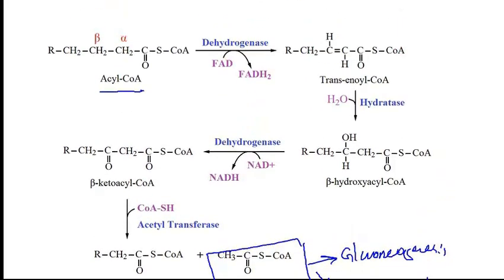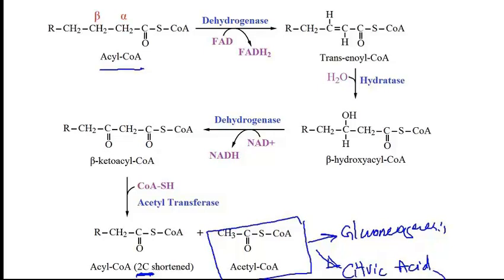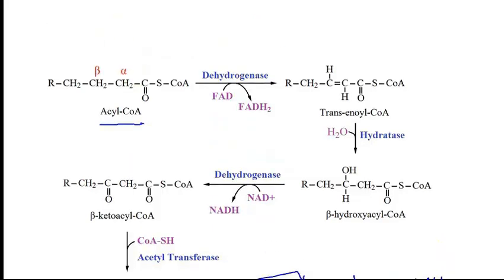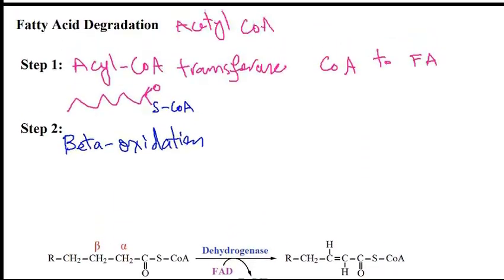Alright, now here, if you've noticed, I've written all the reactions for you. I'm not going to go through the mechanism of organic chemistry or chemistry. Already our chemistry professors have done a great job explaining these pathways and mechanisms. So here I'd like you to focus on the biology aspect of beta oxidation. So 2 different enzymes were involved in fatty acid degradation: acyl coenzyme A transferase and beta oxidation.